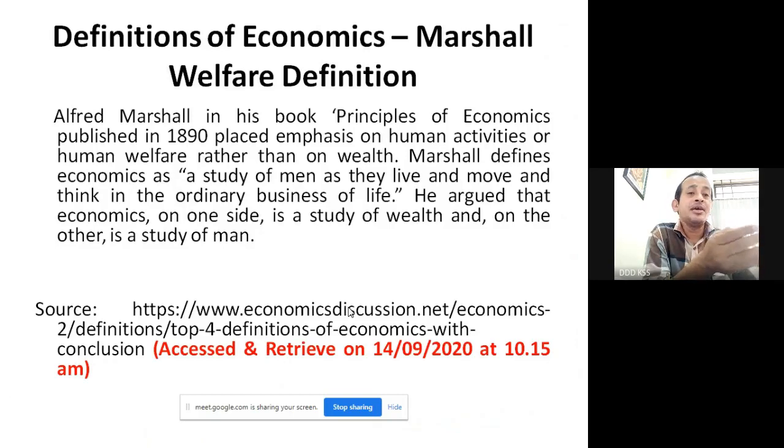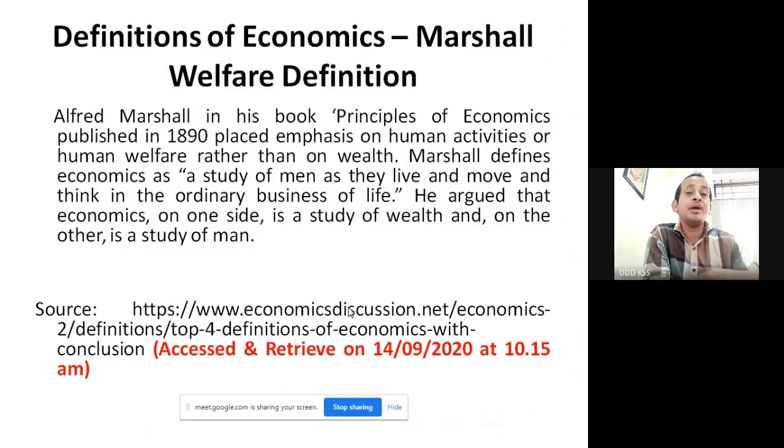Marshall defines economics as a study of men as they live and move and think in the economic business of life. He also argued that economics on one side is the study of wealth, and on the other side it is the study of men.